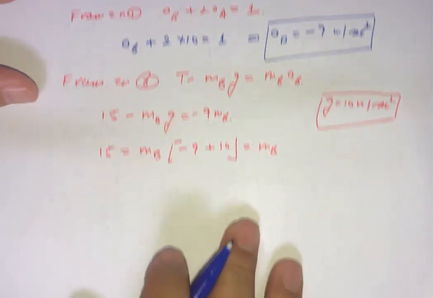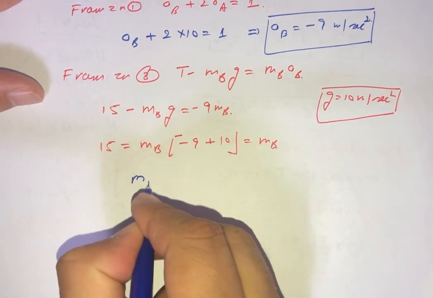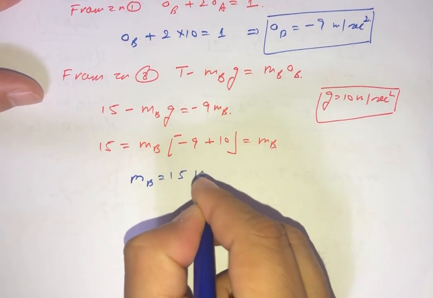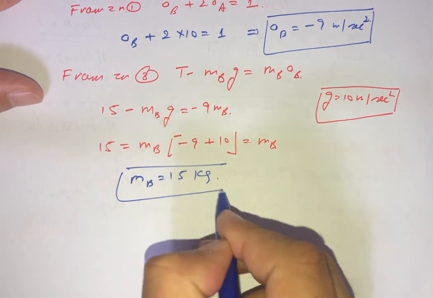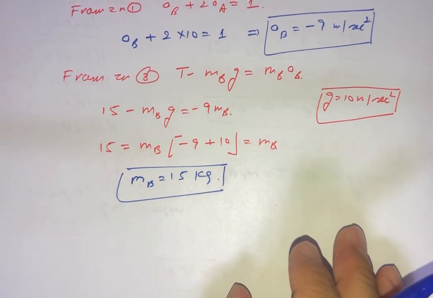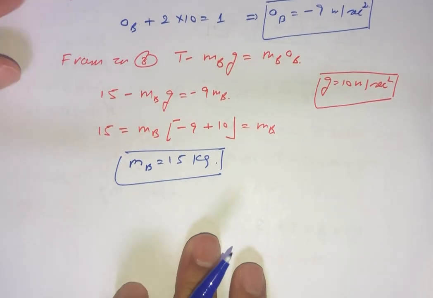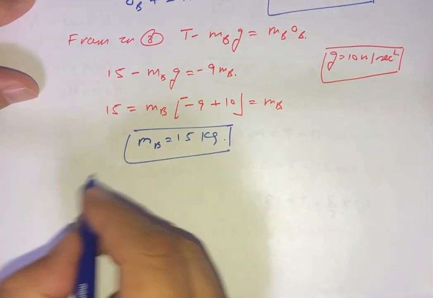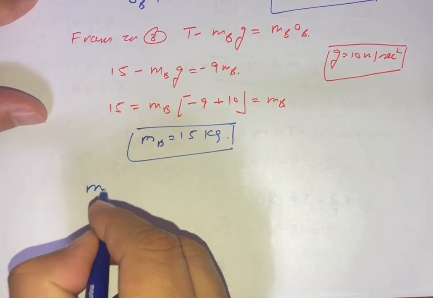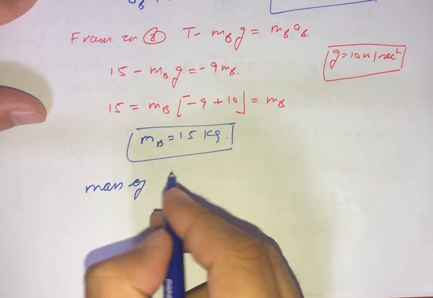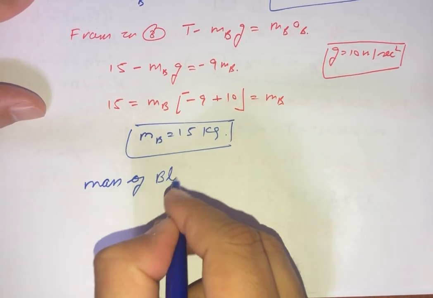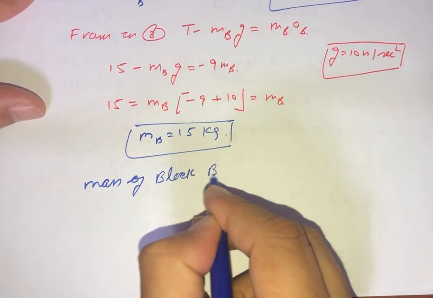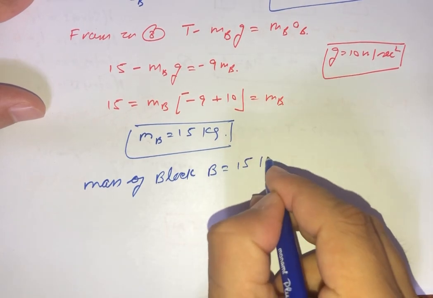So we get mB, mass of block B, is equal to 15 kg. So we get that mass of block B is equal to 15 kg.